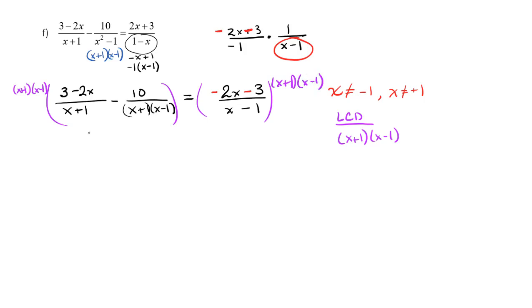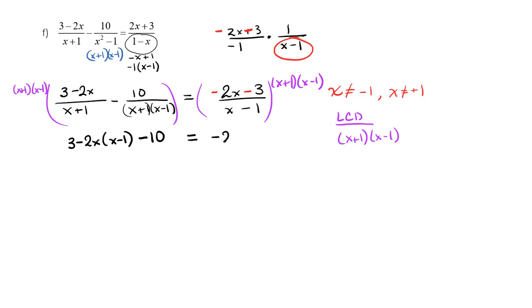In each term, at least one factor will divide out. We'll have (3 − 2x) times (x − 1), because the x plus 1 divided out. Minus 10, since x plus 1 and x minus 1 both divide out, and you'd be left with a 1 here, but we don't even have to write that. It's just minus 10.